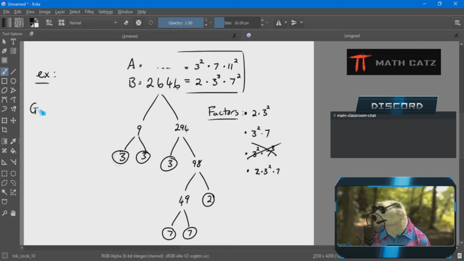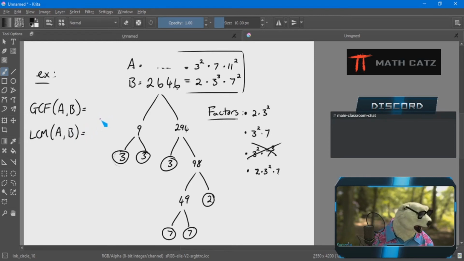We can then say greatest common factor of these two numbers and least common multiple of these two numbers. Greatest common factor first. So now again, this fitting in concept is the key. I am looking for a factor. So my answer that I'm constructing has to fit into either one of these numbers. That means I'm restricted to 2s, 3s, 7s, and 11s.